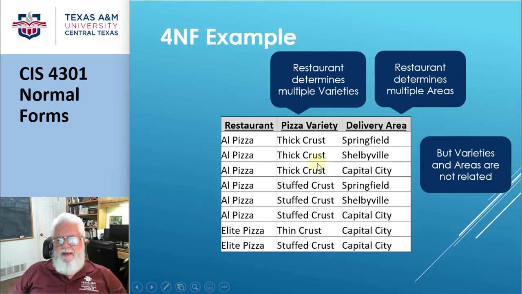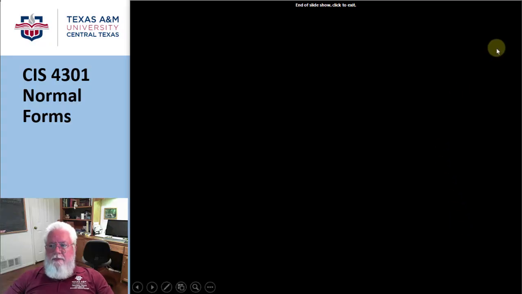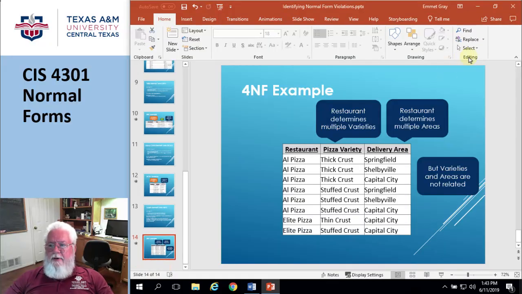So if I was to add a new delivery area to Owl's Pizza, some other area like Centerville, I would have to add a Centerville for thick crust and a Centerville for stuffed crust. So adding one piece of information requires me to add two rows of data. That is a problem. Okay. So that is that part in a nutshell.